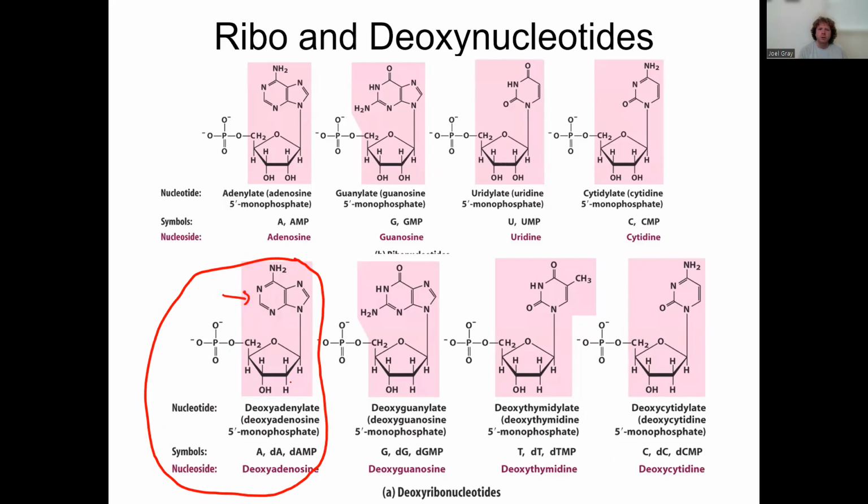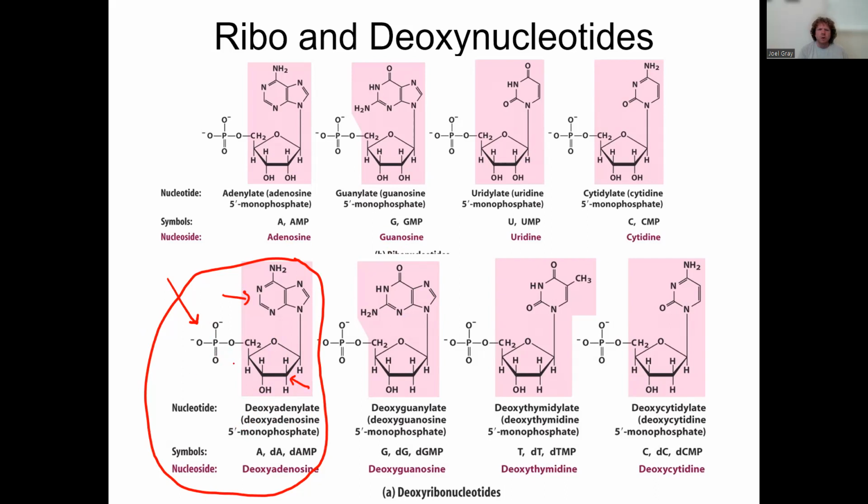Our sugar, look to the 2' position and see that the 2' position lacks an OH group, therefore it's deoxyribose. Then there is a single phosphate on the 5' position. So this is deoxy, mono, but what's our base? Our base is adenine. The exact name for this is deoxyadenylate or deoxyadenosine 5' monophosphate.